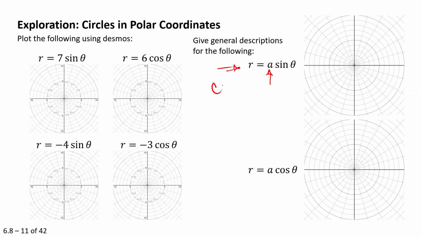This is just a circle, as is this one. So this is a circle along the y-axis. This is a circle that's along the x-axis. And the circle has got a radius that's equal to A.